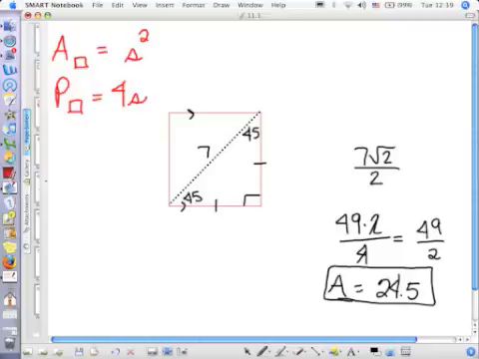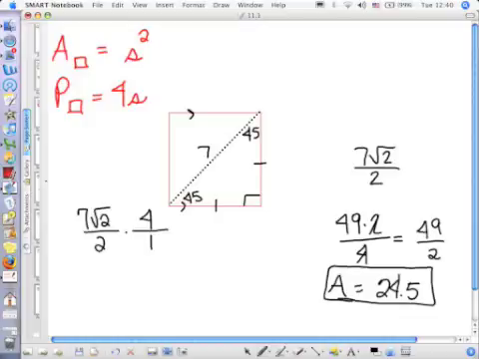But when you multiply 7 square roots of 2 over 2 by 4, are you multiplying it by 4 over 4 or 4 over 1? This should not become 8 in the denominator. Okay.